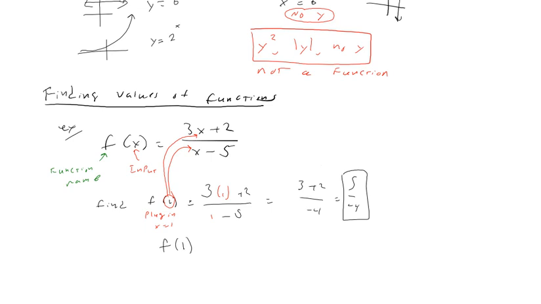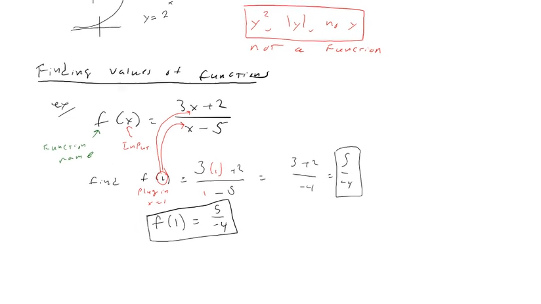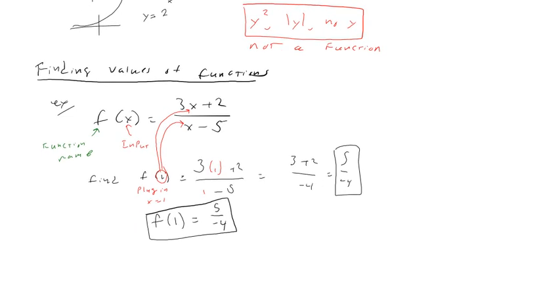And that's showing me that with an input of 1 in this function f, I get an output of negative 5 over 4.